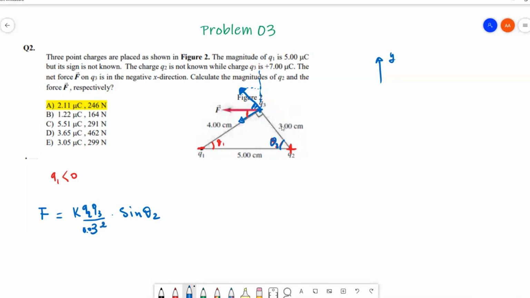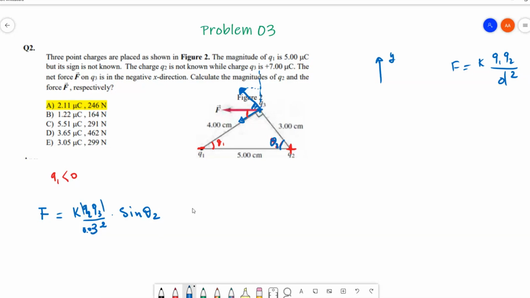The distance here is in centimeter. It's very important. So I put it here 0.03 square. I will remind you the force is equal to K, Q1, Q2 over the distance square. This is the amplitude. And here I will work only with the absolute value because I want just the amplitude.